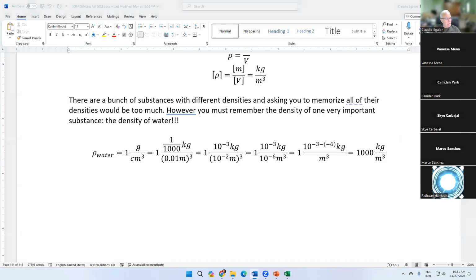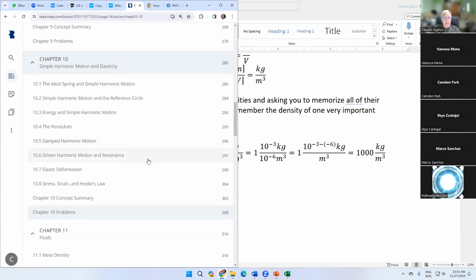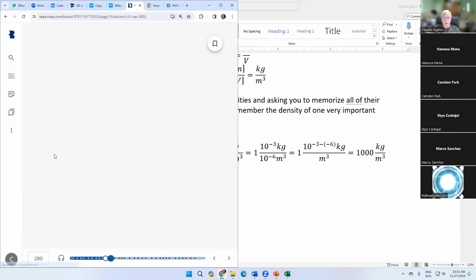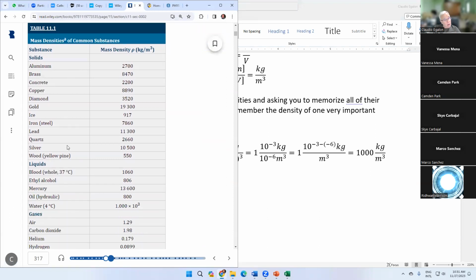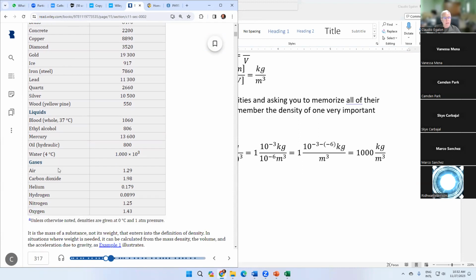So that's the idea that you have to have in mind. Let's take a look at the density of different substances. Here, your book has the density of different substances. You don't have to memorize that. Solids have a higher density than liquids in general, and liquids have a higher density than gases.